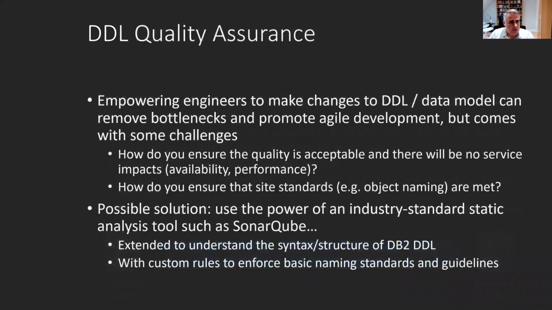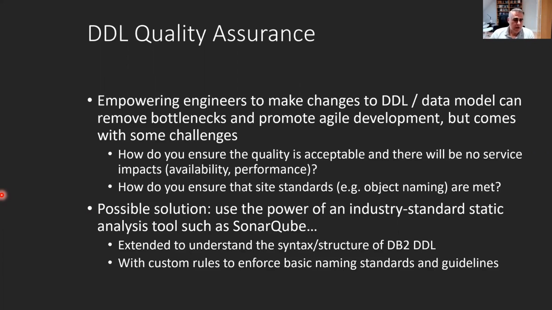So I mentioned earlier on quality assurance inside the process. It's all very well and good to allow engineers and DBAs to make changes to DDL, and to give them things like Visual Studio Code to very quickly and effectively view the DDL that you're storing inside your SCM, make some changes and have this wonderful automation, as soon as they've made the change, push that change up to the mainframe.